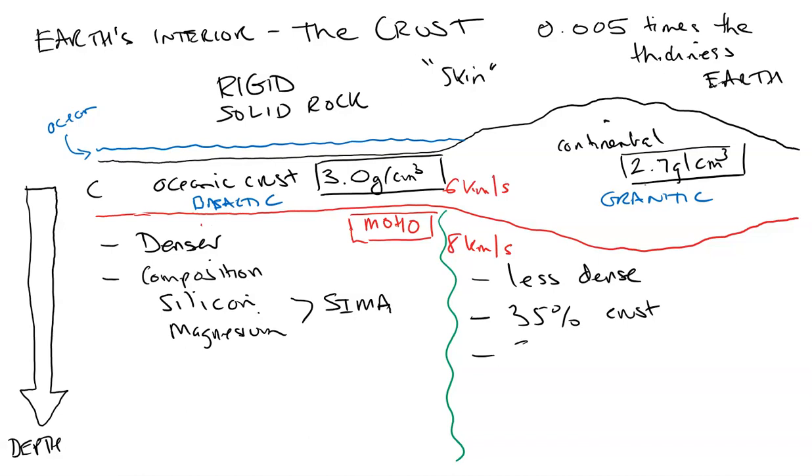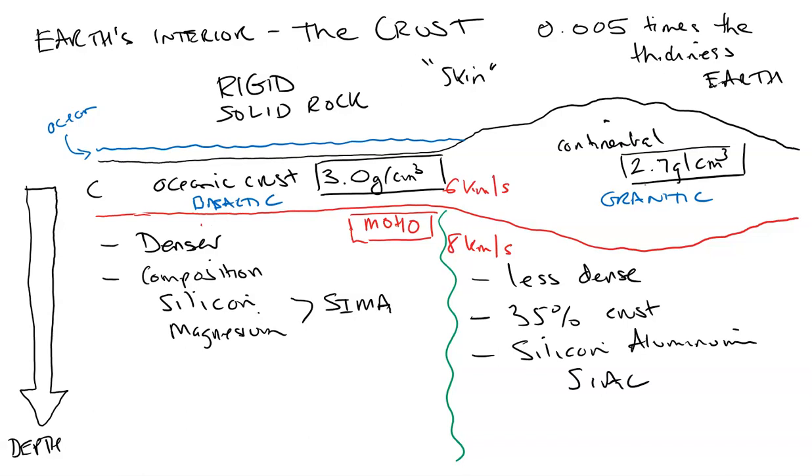And it's usually some silicon and aluminum, so they call it sial. So sima and sial. Okay, so there are differences, but obviously there are a lot of similarities in terms of the base.